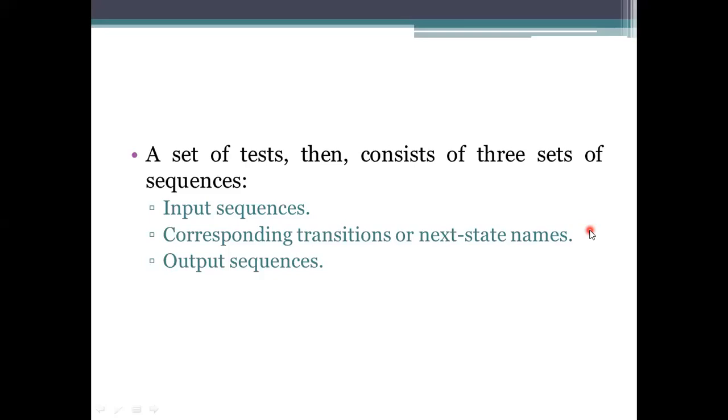And for each step we take, there should be an input sequence, and for that input sequence we need to mention the state being traversed, then the expected transition, and then the next expected output.